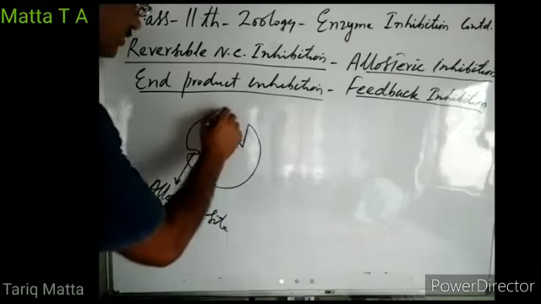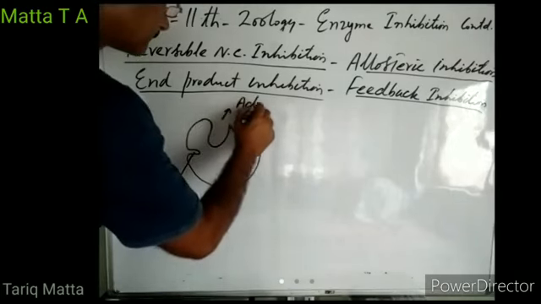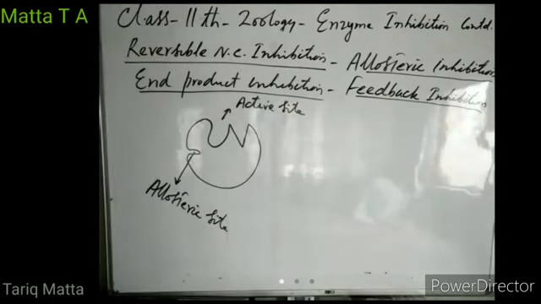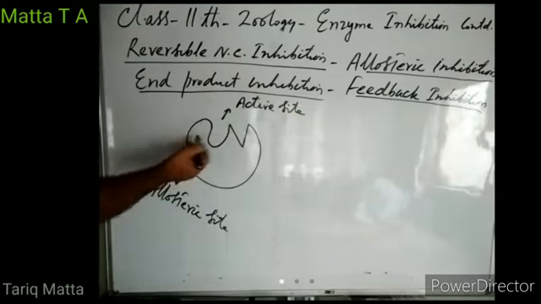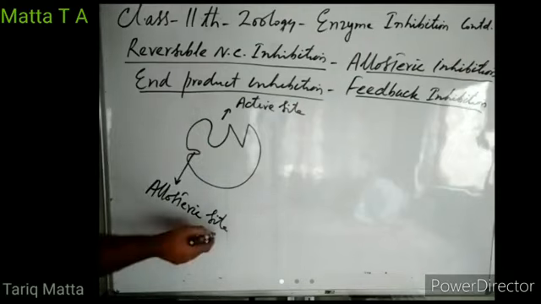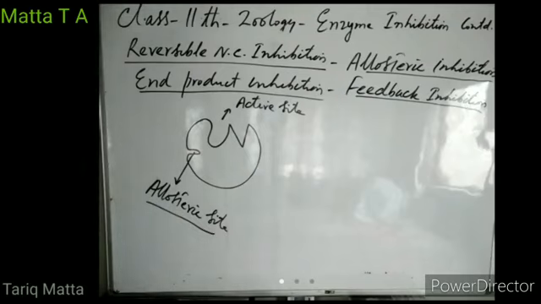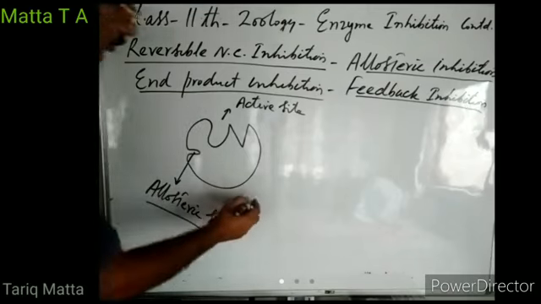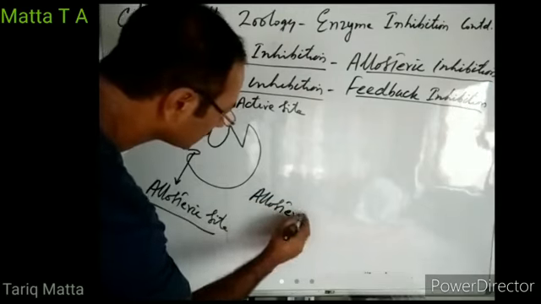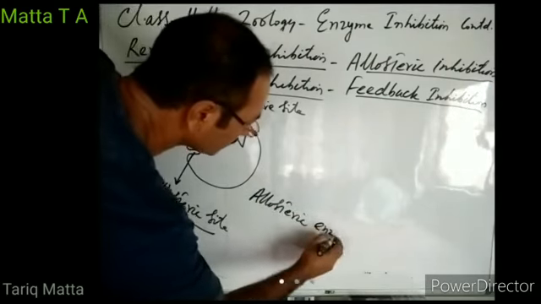So this is the active site of the enzyme. Away from this active site, there is another site where an inhibitor molecule can bind. That site is known as the allosteric site. So these enzymes are known as allosteric enzymes.